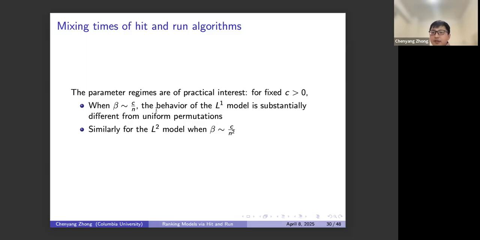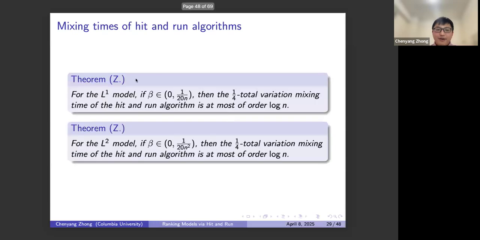If we pick a permutation from the L1 model with this parameter scaling, the behavior of the permutation will be quite different from that of a uniform permutation. And a similar scaling for the L2 model is a constant C over n squared. And so those are exactly covered by our two results.